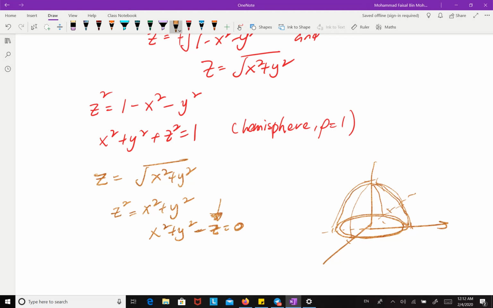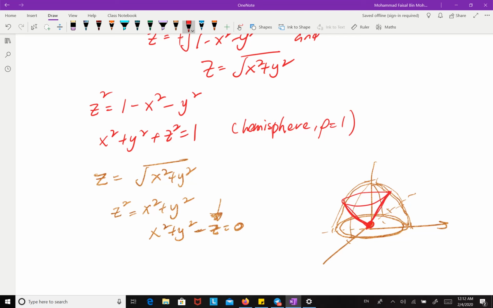Then the cone with the same center. I use a different color so that you can see. Inside the cone is just a circle.